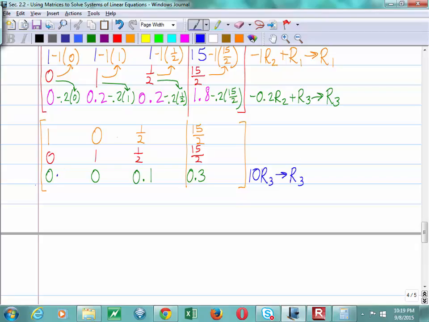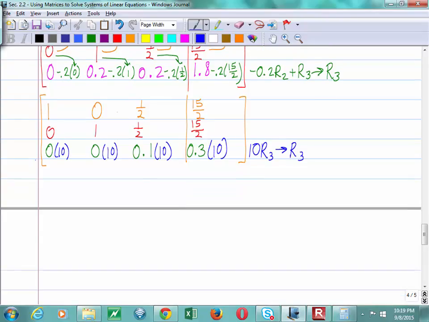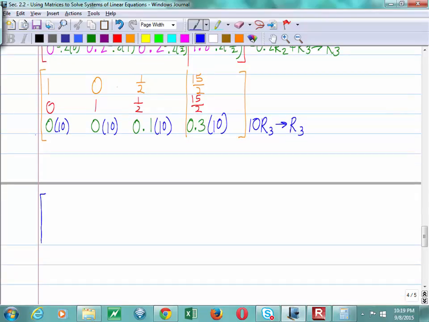So I'm just going to go times 10 across the row. Okay, so that's going to give me 0, 0, 1, 3. And I'll just bring the other rows down.